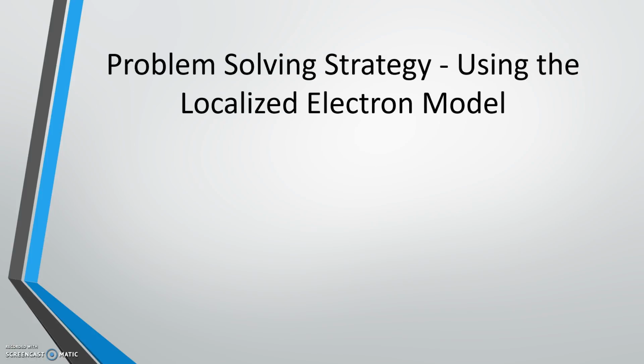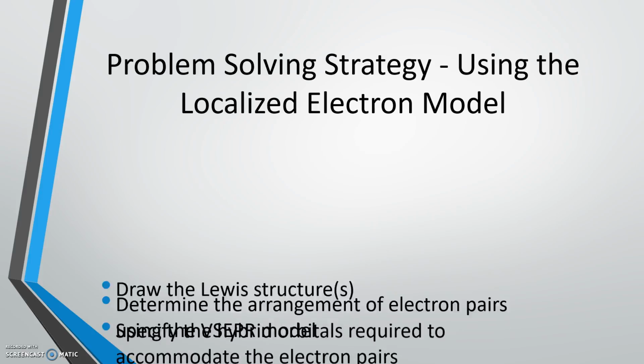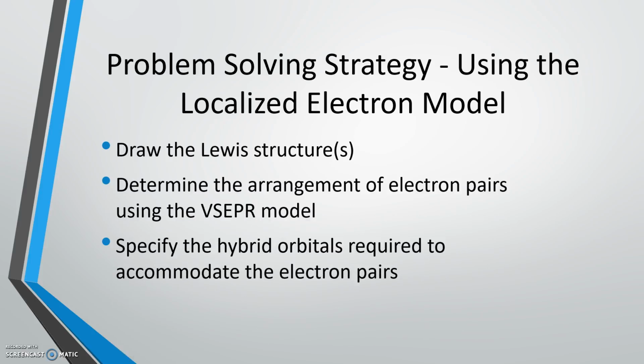A couple of resources as you start to analyze these molecules on your own. We've been using a problem-solving strategy using this model. First, you should draw the Lewis structure of the molecule, which we have a lot of practice with. Then determine the VSEPR arrangement, and then finally add this new knowledge of the type of hybrid orbitals required to accommodate those electron pairs.